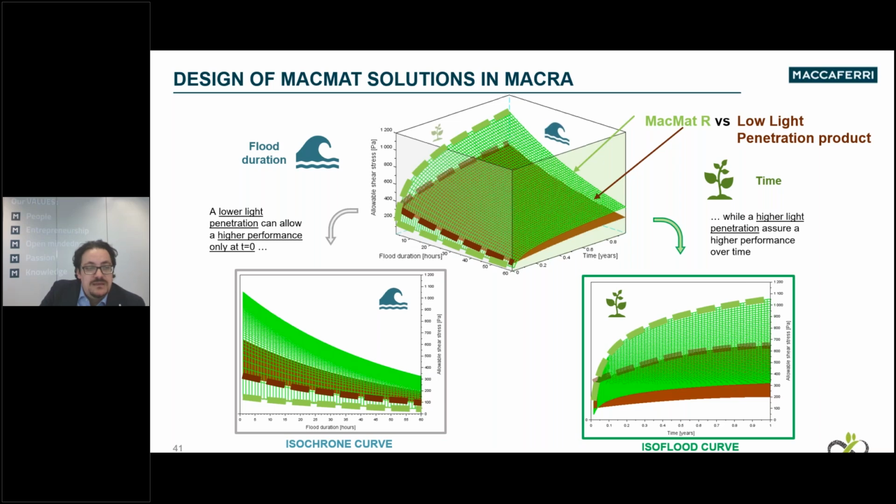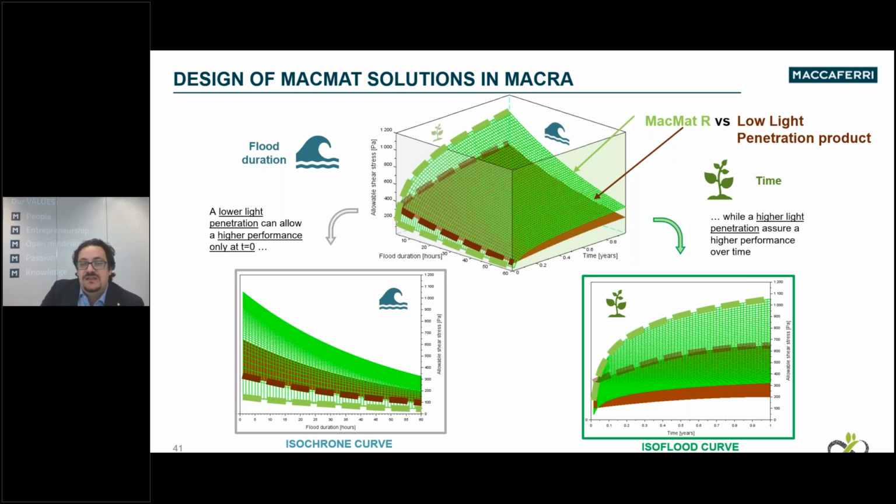If you compare after the vegetation growing, the MACCAFERI achieves a very high peak of allowable shear stress. A product with a low light penetration index could not achieve the same performances.